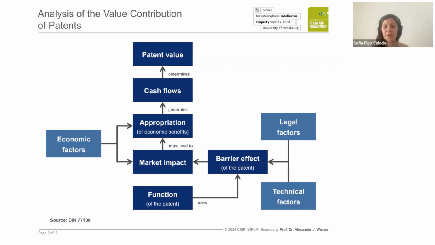And this creates a market impact. That impact, for example, means that you have a technological lead, and this allows for an appropriation of economic benefits. In this case, a unique selling proposition that causes differentiation and a premium price. And this is an economic factor. Such a price generates cash flows that will finally determine the patent value.